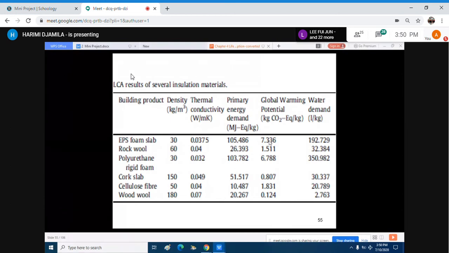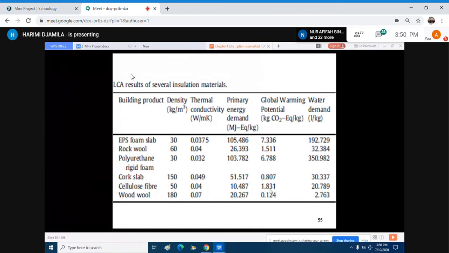of energy, also in terms of global warming, you observe again EPS foam and polyurethane. They generate a very huge amount of global warming equivalent CO2 compared to rock wool, cork slab, and cellulose fiber. This one, just to give you an indication about it.